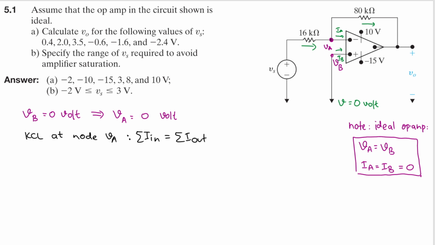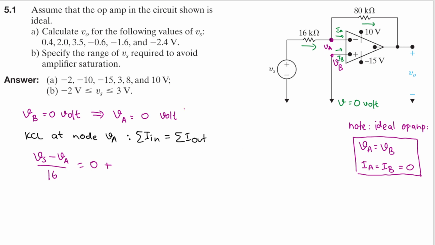And the only current that goes in is this one, which can be calculated by using Vs minus VA, so we will have Vs minus VA divided by the resistance between them, that will be 16. And all the other currents going out: we will have this current here, IA, but IA goes into the op-amp, so that will be 0.